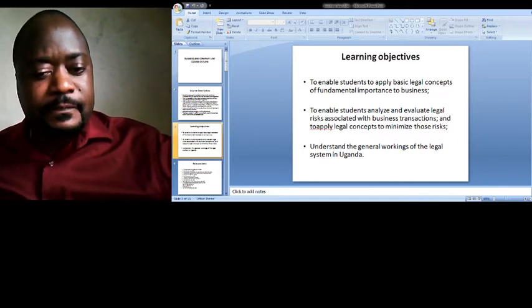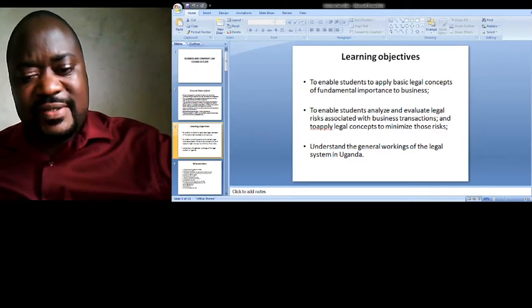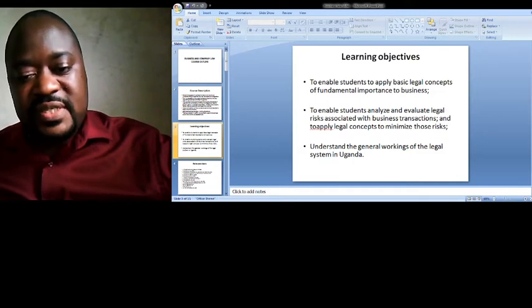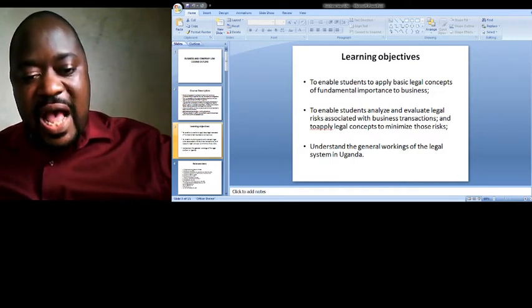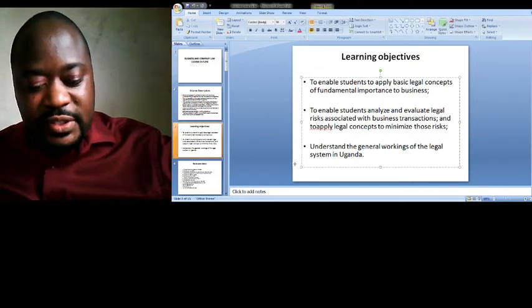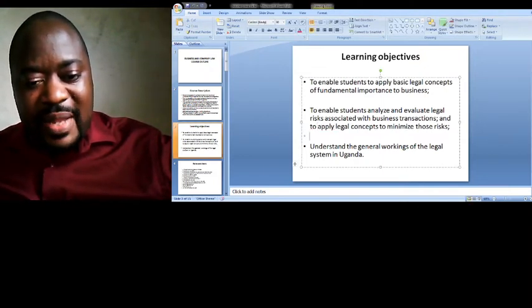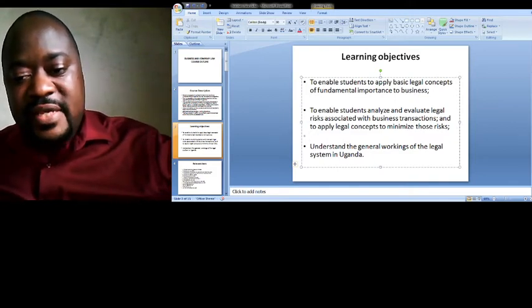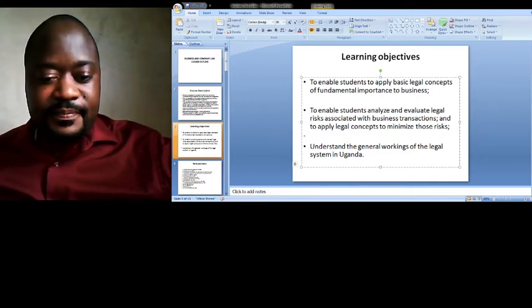Number two, to enable students analyze and evaluate legal risks associated with business transactions and to apply, very important, and to apply legal concepts to minimize those risks.